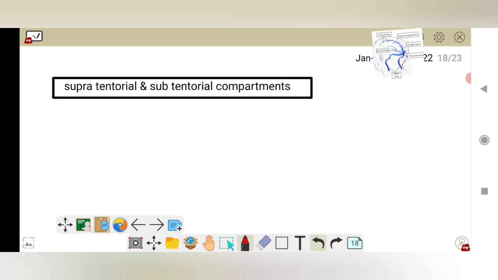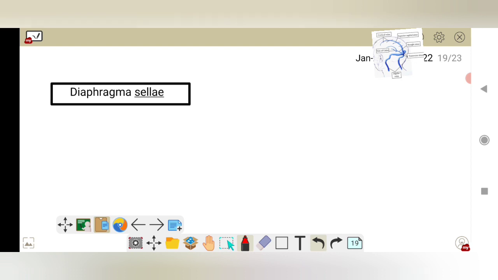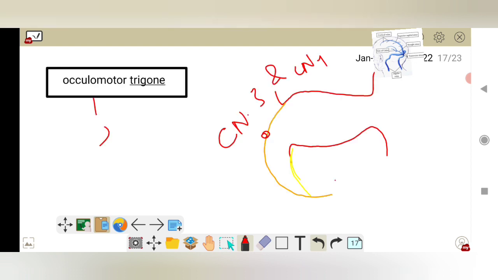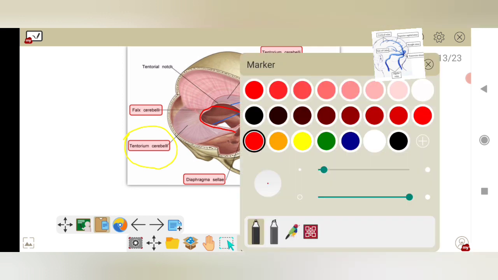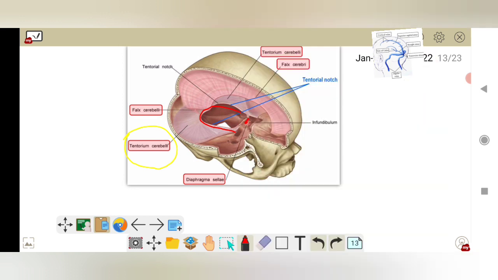Now again, the tentorium cerebelli divides the cranial cavity into two compartments, that is the supratentorial compartment and the subtentorial compartment. Now the gap between the free margin and the dorsum sellae, as we will see in the diagram, this is the free margin and here is the dorsum sellae, not diaphragma sellae, dorsum sellae of the sphenoid bone.